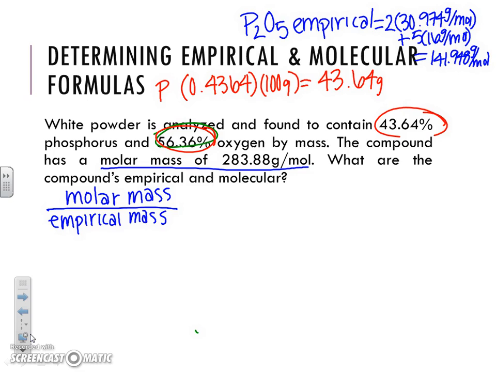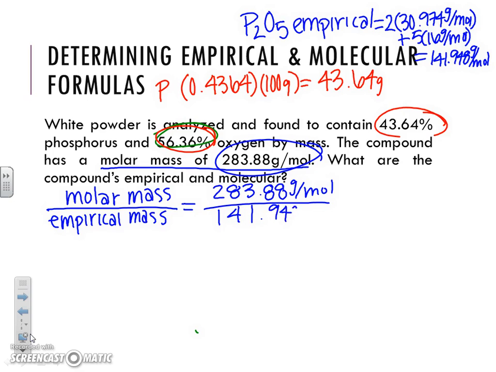All right, so we have our empirical mass and we have the molar mass that they gave us, so we're ready to set up our ratio. So we've got 283.88 grams per mole divided by 141.948 grams per mole.